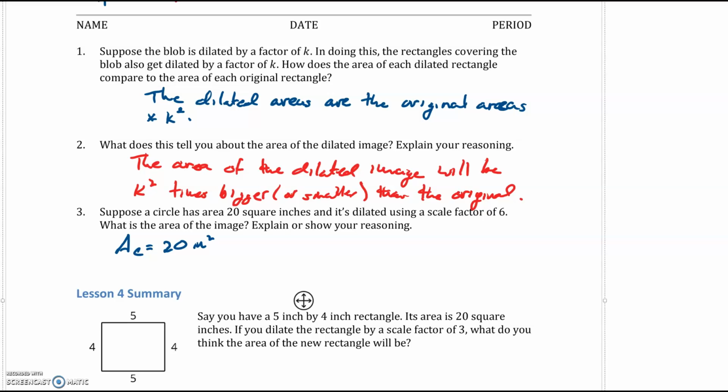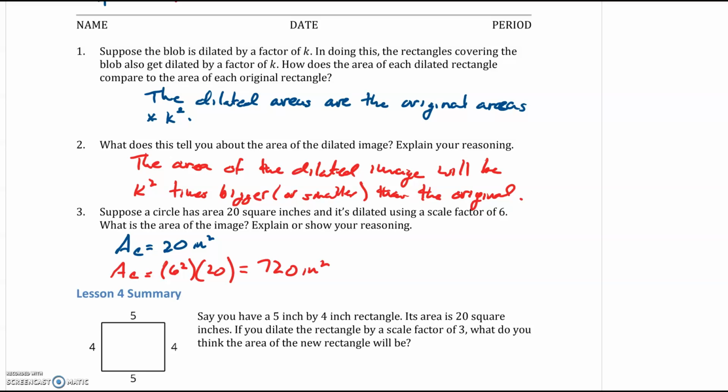So that means that my new area is going to be the scale factor of 6 squared times the original area of 20. 6 squared is 36, and 36 times 20 is 720 square inches.